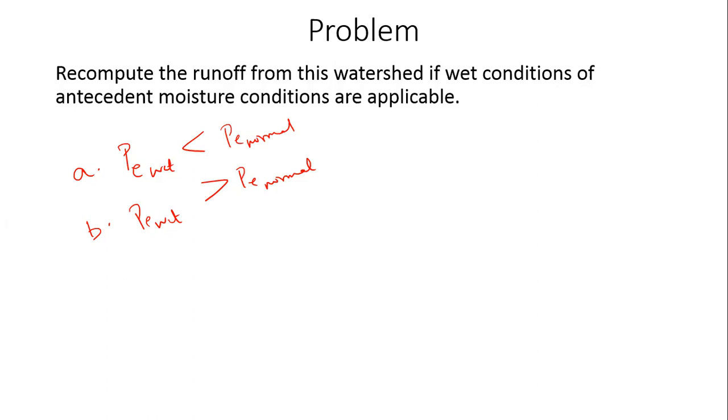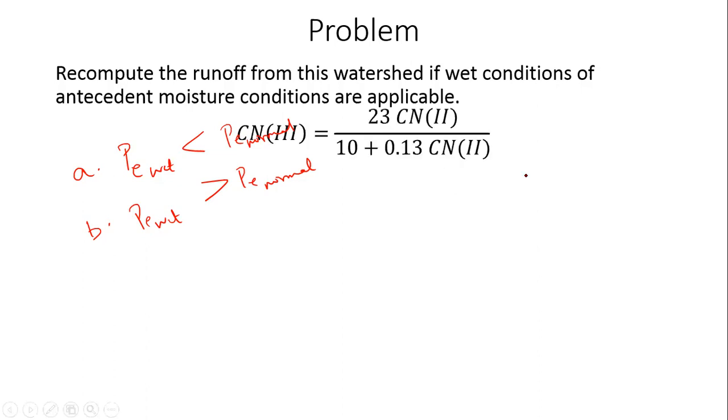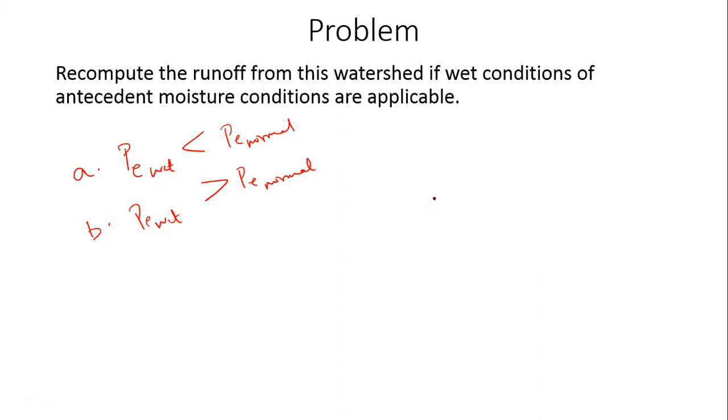Just imagine this, I have some soil over here and soil over here. Let's say this is A and B. Everything is identical. Here I have normal soil moisture. Here I have wet soil moisture. Okay, so basically more soil moisture. I receive some amount of rainfall, P, same amount of rainfall, P. In which case will the time of ponding be greater?